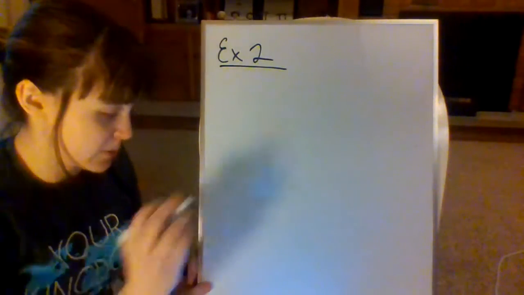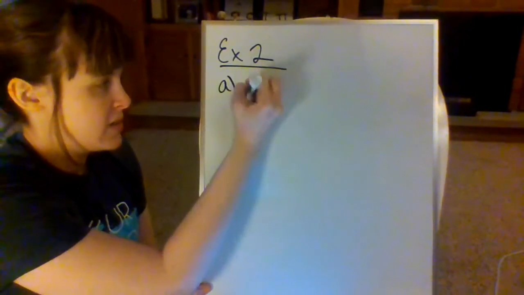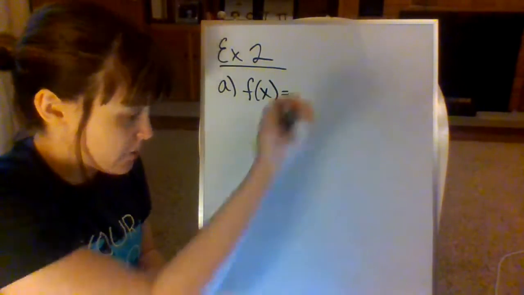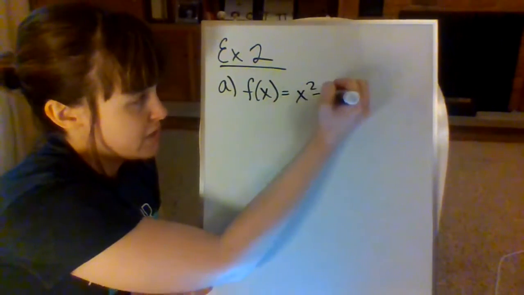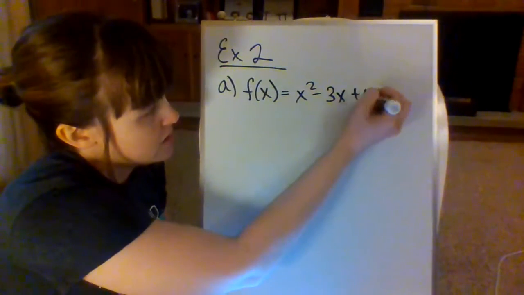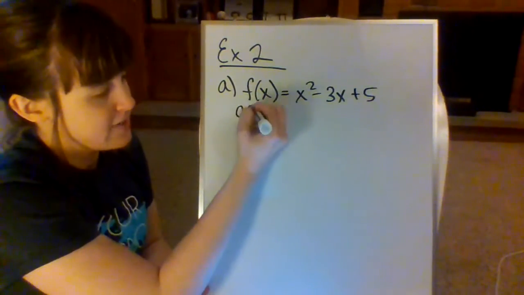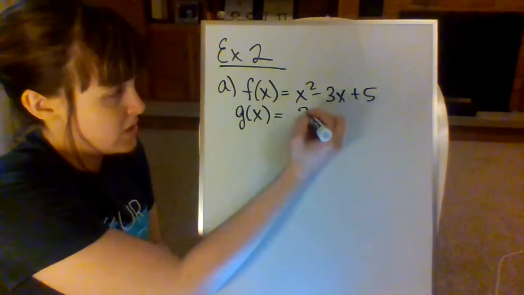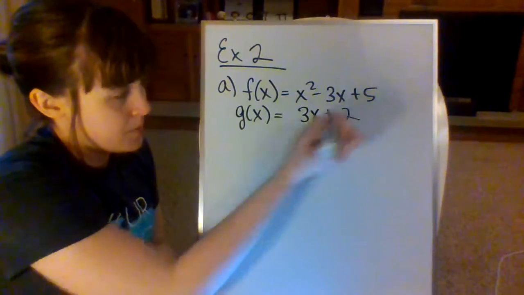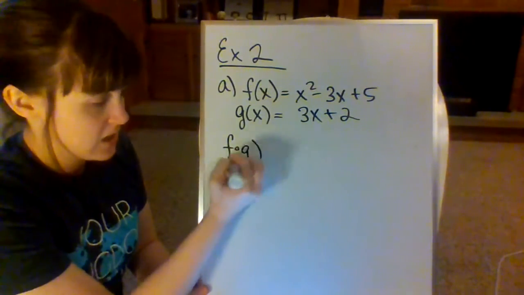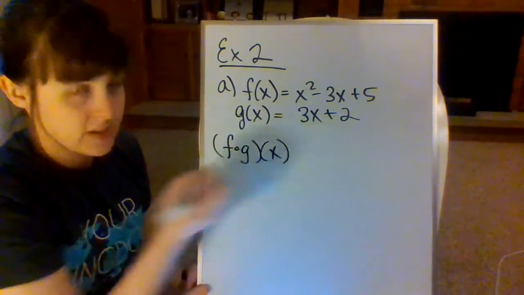Example 2, part A says f of x equals x squared minus 3x plus 5, and g of x equals 3x plus 2. We are supposed to find f composed with g of x.